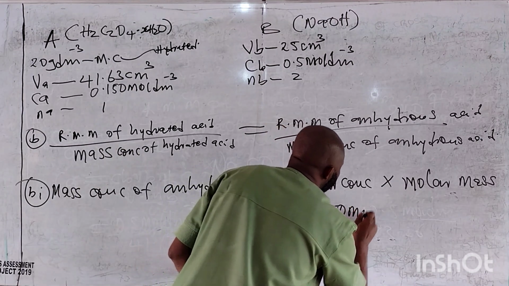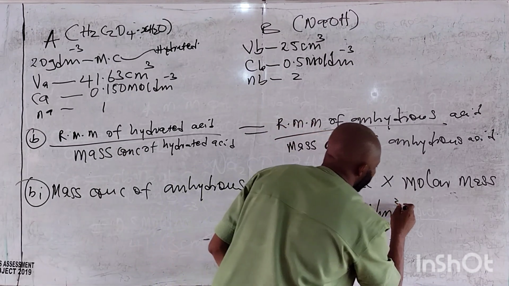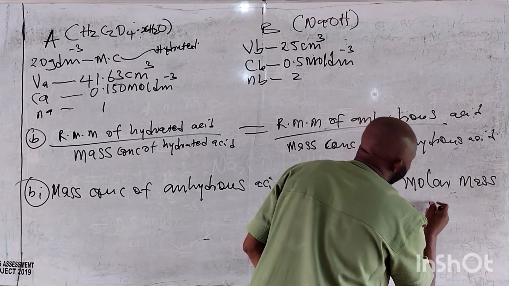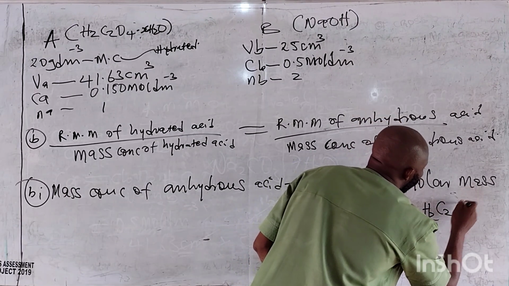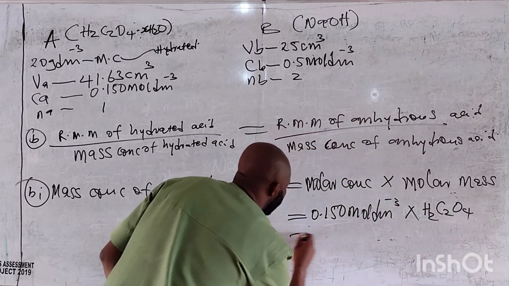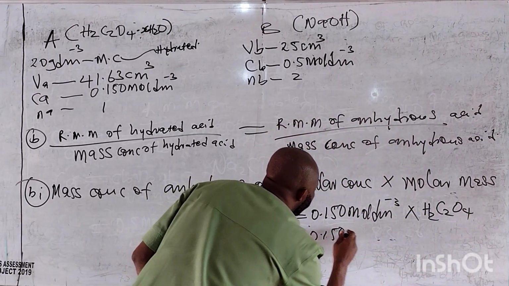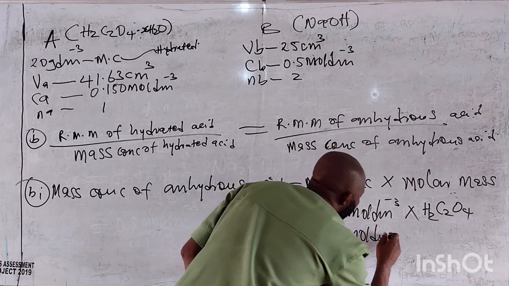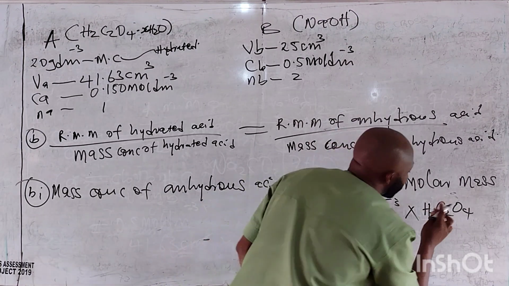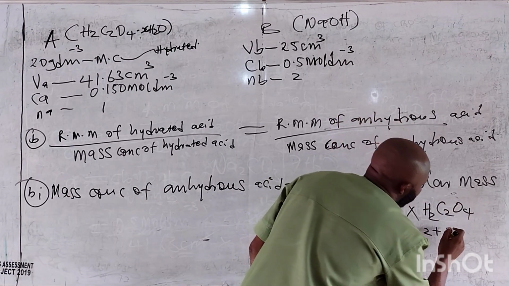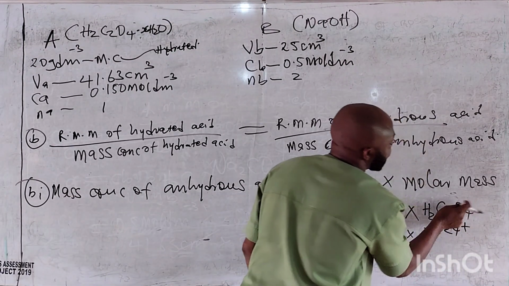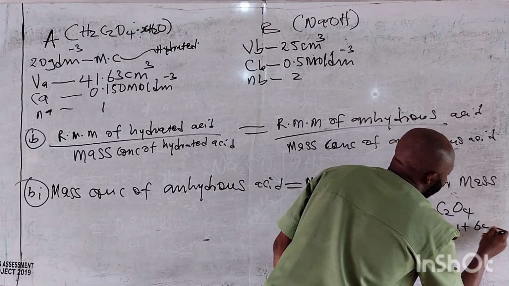Now the molar concentration is 0.150 mole per dm cube times the relative molecular mass of H2C2O4. This is 0.150 mole per dm cube times hydrogen, which is 1 times 2 is 2, plus carbon, 12 times 2 is 24, plus oxygen, 16 times 4 is 64.